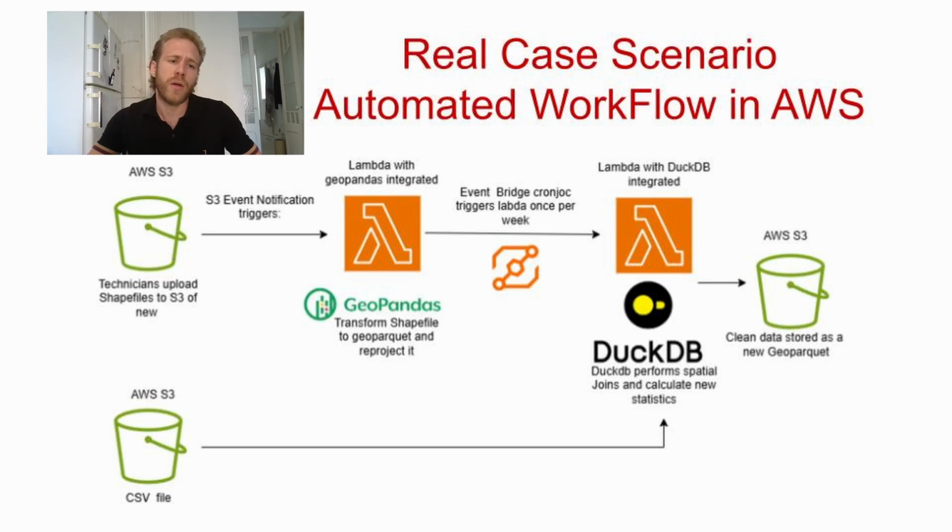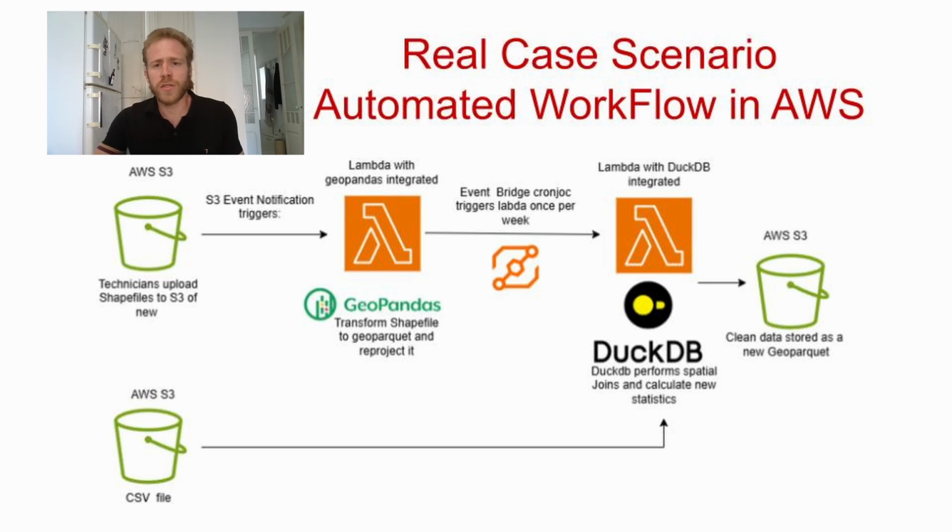Now, the company uploads these shapefiles to an S3 bucket. This bucket triggers a Lambda that has GeoPandas in it, which converts the shapefile into clean GeoParquet and standardizes the CRS.